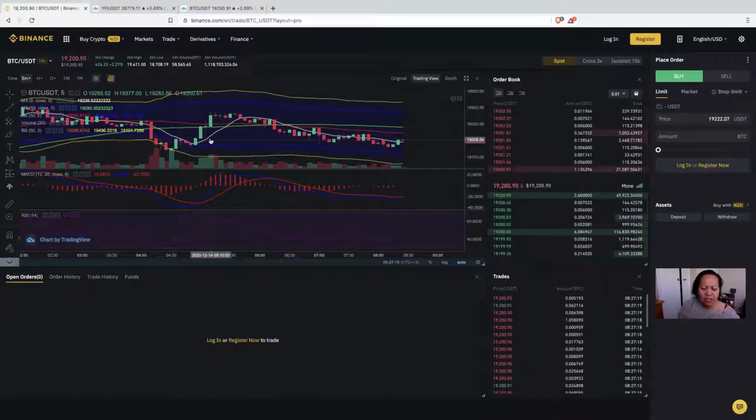MA9. Okay, so this is something that I accidentally put on myself. I was actually meant to set up the MA99. The MA stands for moving average, and it pretty much identifies the trend direction, determining resistances and price changes. So that's what your MAs are.